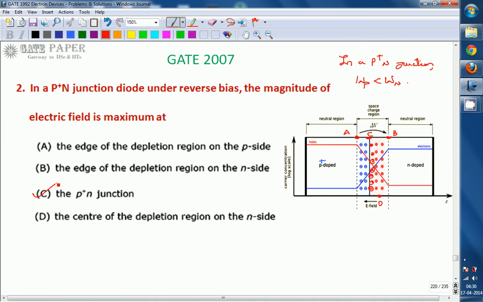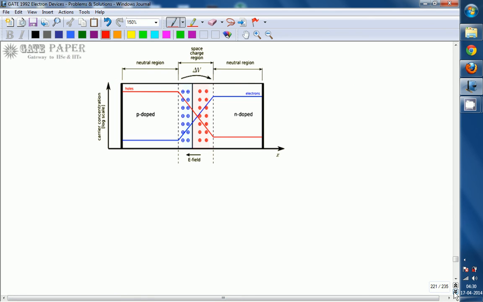We will do this graphically. This is the P plus N junction we are going with, and Wn is very large, Wp is small, since the P side is heavily doped.